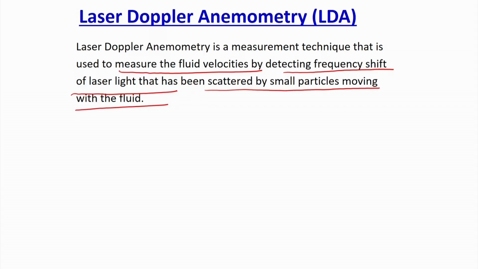This technique uses the scattering of light by moving particles, and that is the reason why the Doppler effect comes into the picture. Suppose we have a light system where we are incident the light at a certain place without scattering, without having any particle inside a certain medium, then we will receive some signal on our detector.